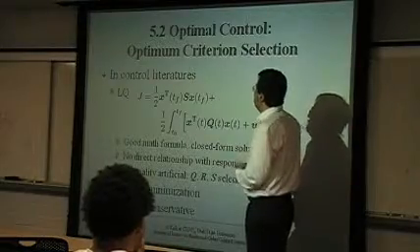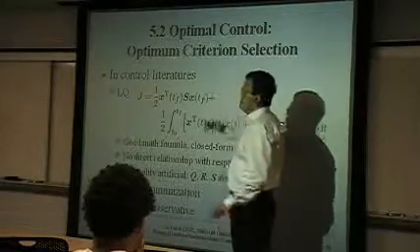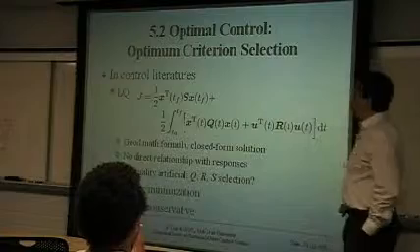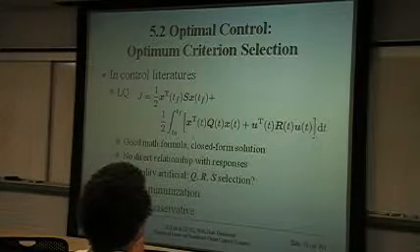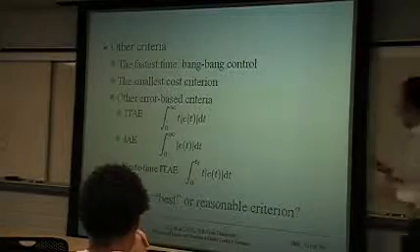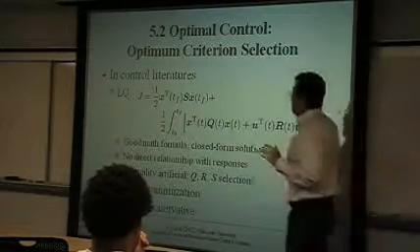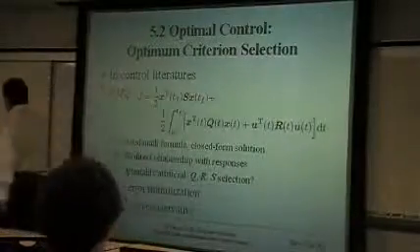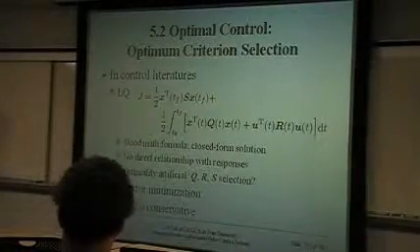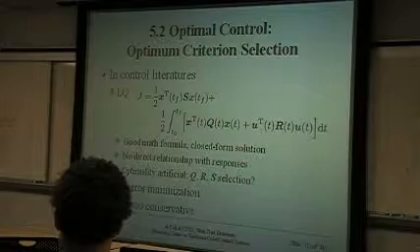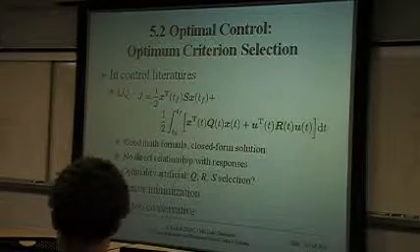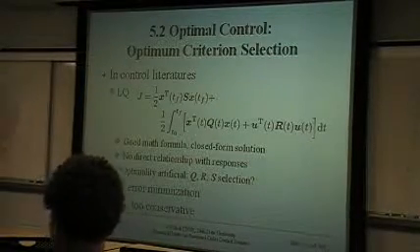And in control literature, normally we see LQ, linear quadratic. For instance, there are linear quadratic controllers, or even linear quadratic regulators. So what are the differences?